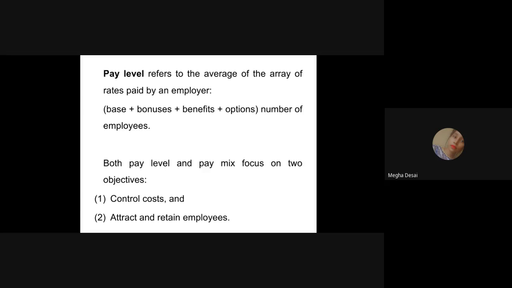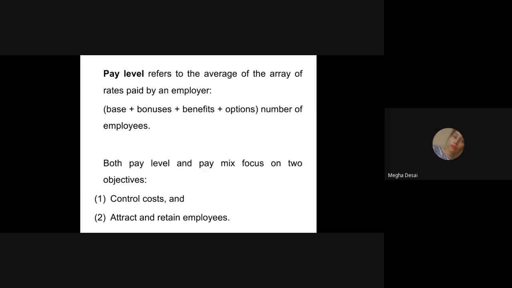We have a number of employees who will get some base pay in the form of cash, plus certain bonuses in cash, or some benefits and other options in non-cash form. So whether cash or non-cash, that's the mixture those people are going to get on the basis of the level they fall into.